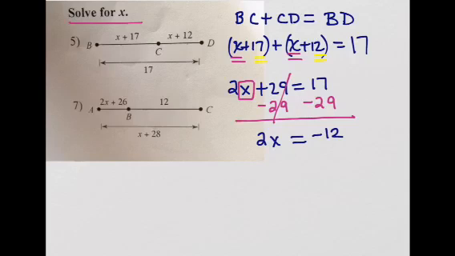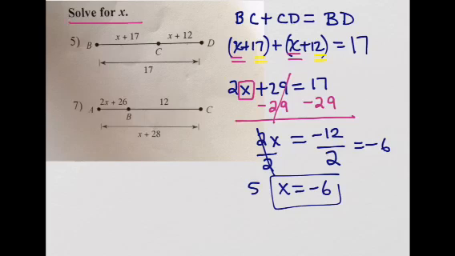Okay, we're almost there. We need x by itself, so we're going to divide both sides by 2. So remember, whatever you do on one side you do to the other. So negative 12 divided by 2 is negative 6. So x is negative 6. Okay, that's the answer for number 5.